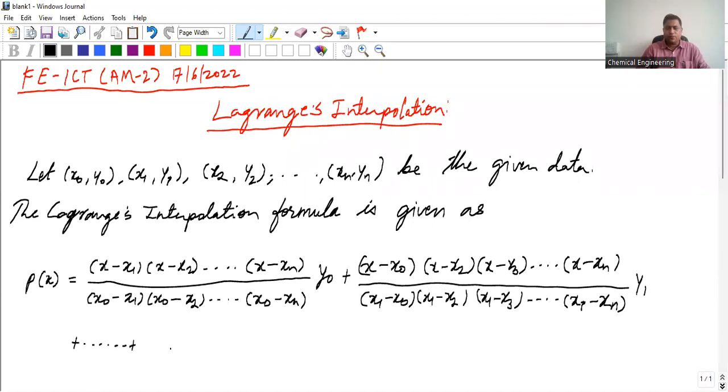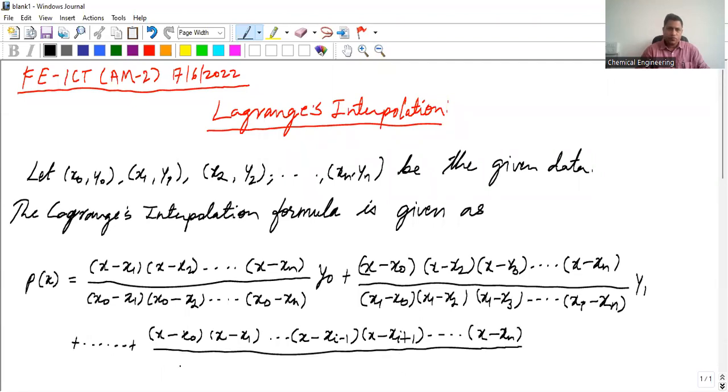And we can construct the terms. The general ith term is x minus x0, x minus x1, and so on up to x minus x(i minus 1), x minus x(i plus 1), and so on up to x minus xn, upon xi minus x0, xi minus x1, up to xi minus x(i minus 1), xi minus x(i plus 1), and so on up to xi minus xn.